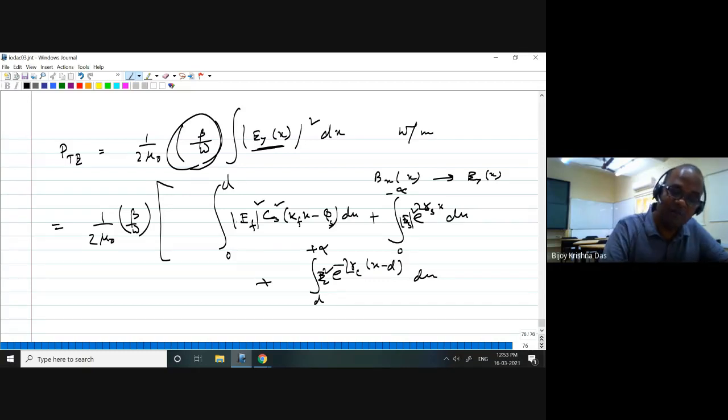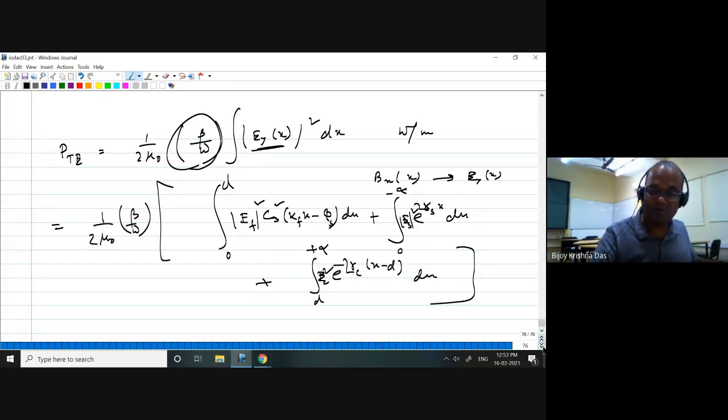I know Ef, Es, Ec expressions are there. I think this is easy to show. Whenever you are integrating over minus infinity and plus infinity, you get exponential decay. If you integrate that, I will just write the final equation; you just verify.